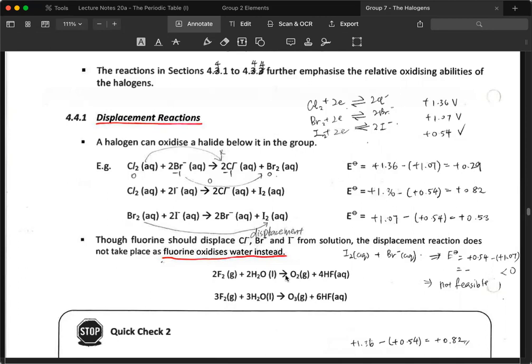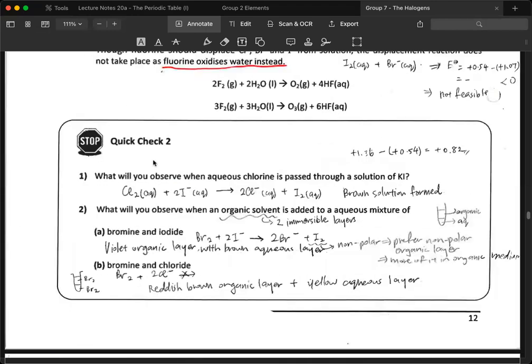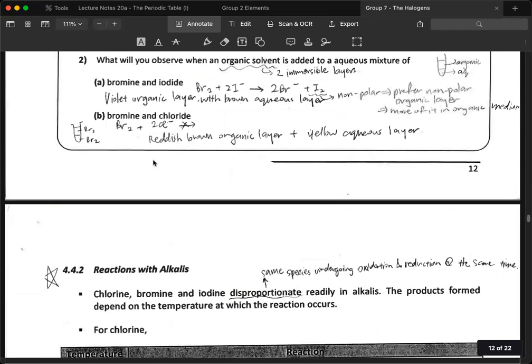It is so reactive, it reacts with water, as mentioned in the earlier reactions. Next time you can just read this yourself at your own time.